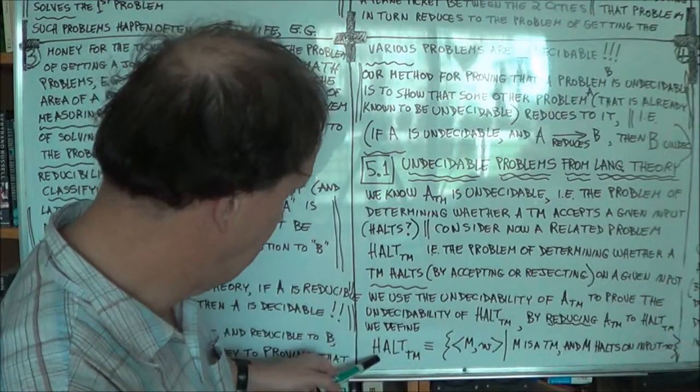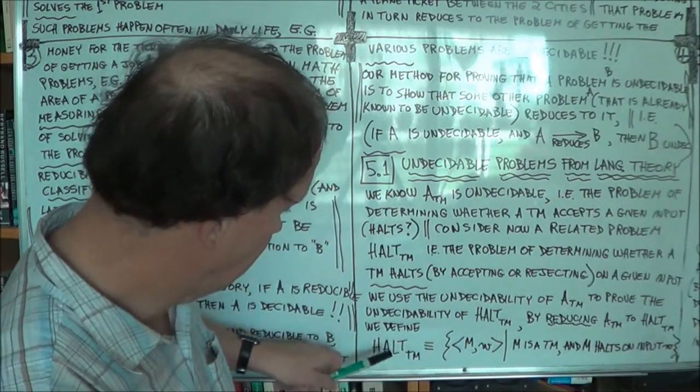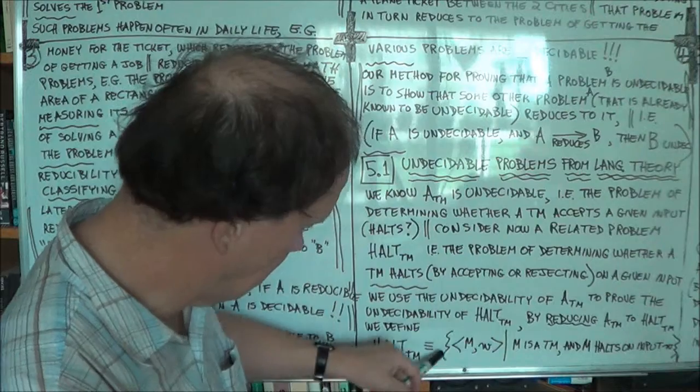So here's the definition. Three bars. This language is just a set of strings.